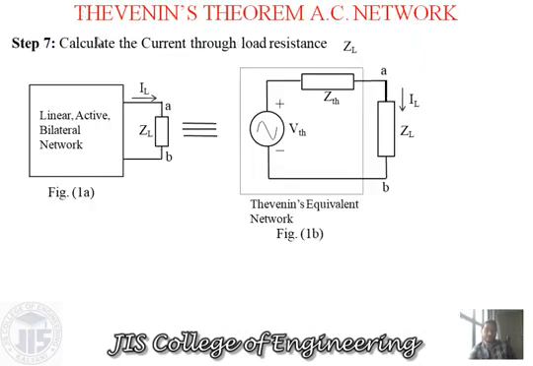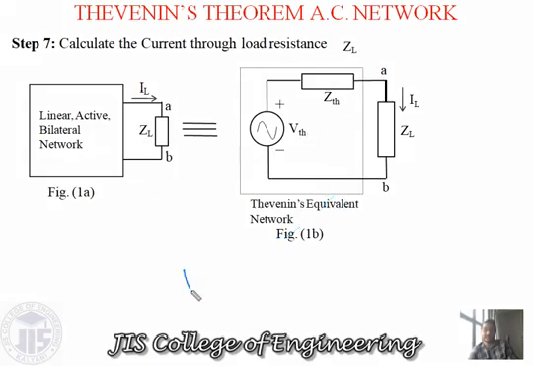So suppose these are the steps. From that circuit we have found the Thevenin voltage and Thevenin impedance, and the load impedance is connected in series with them. As it is a series circuit, simply you have to find this IL or this load current, and we can say that IL is equal to VTH divided by ZTH plus ZL, obviously.